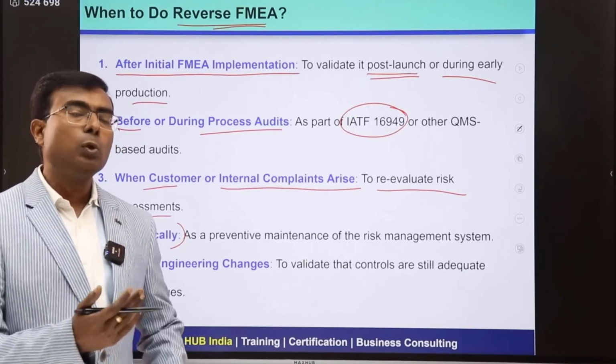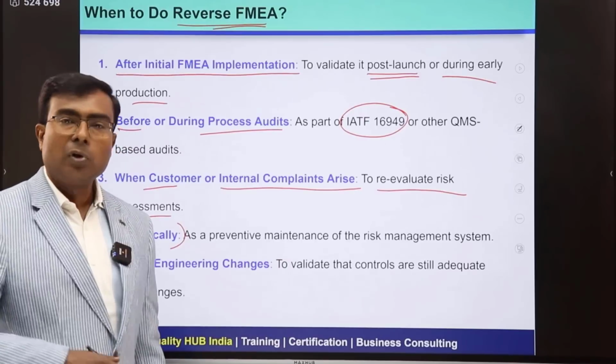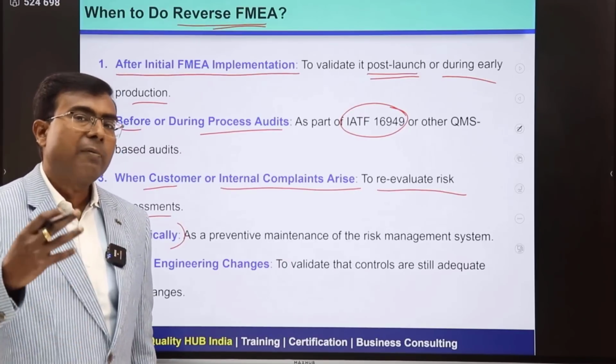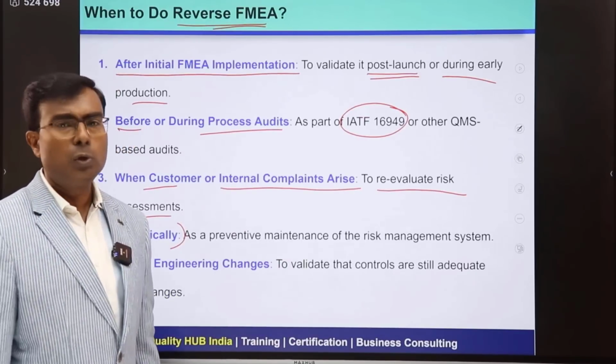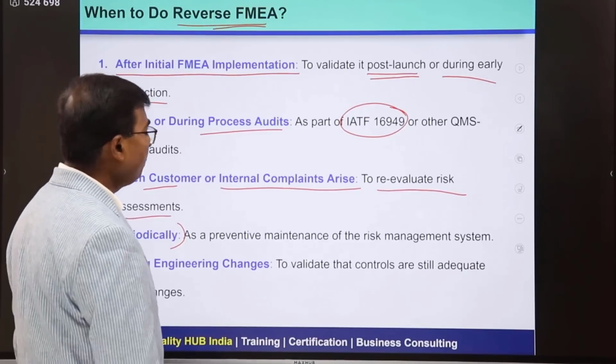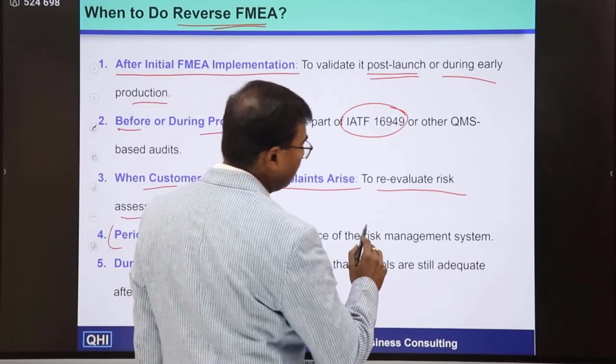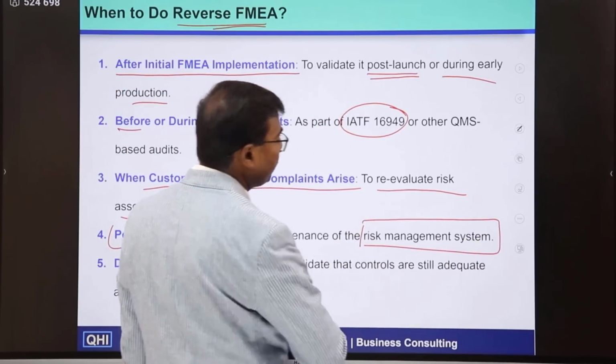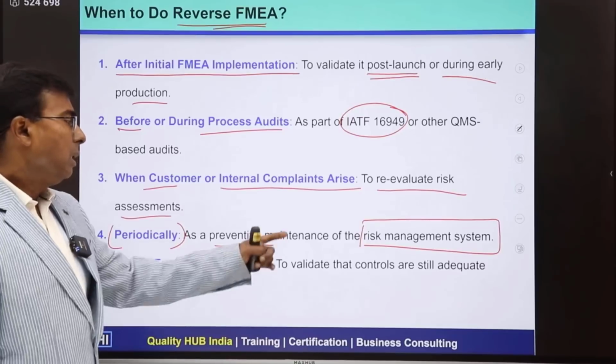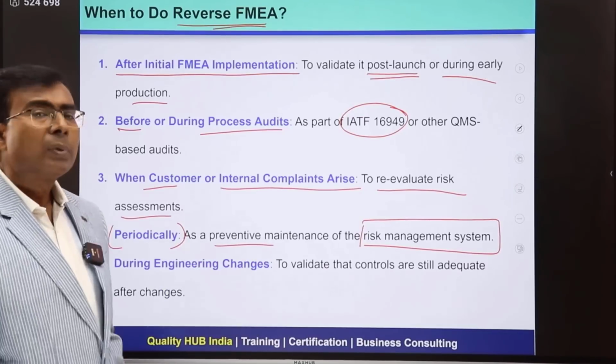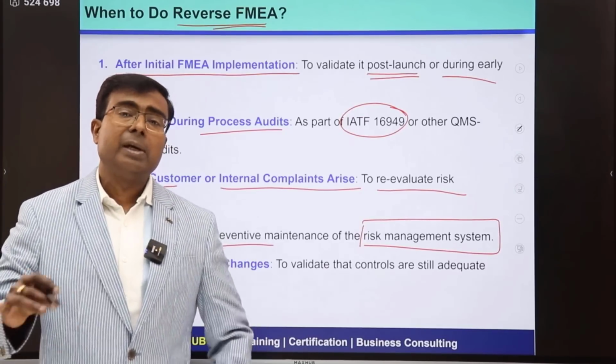You can make a schedule for doing reverse FMEA for all the product categories or product families. That is a sort of preventive approach, and you can also make an approach based on risk.